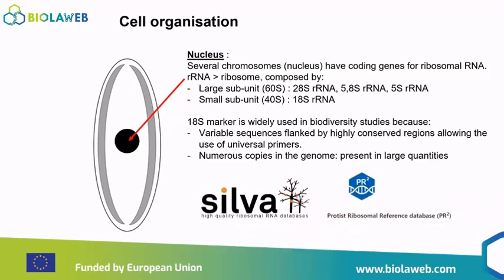So these are the reference libraries, which are very important if you want to work on 18S. So Silva. If you Google Silva, you may get DNA or something like that. But if you put Silva in Google, you will quickly find the website. So it's a very good database. And PR2, which is dedicated to protists.